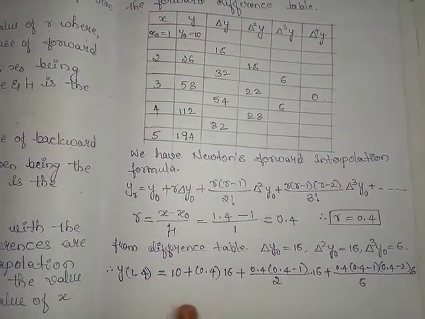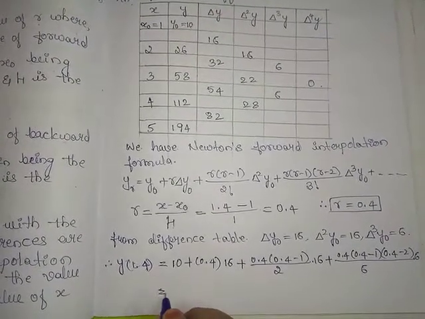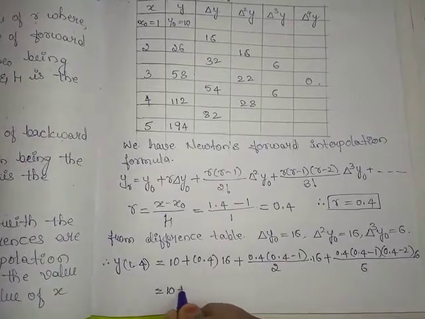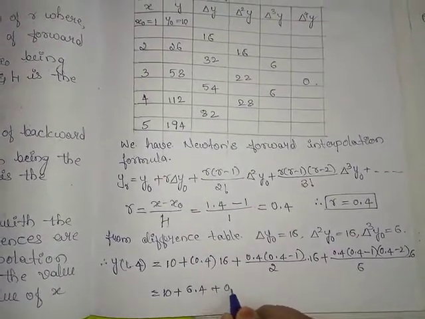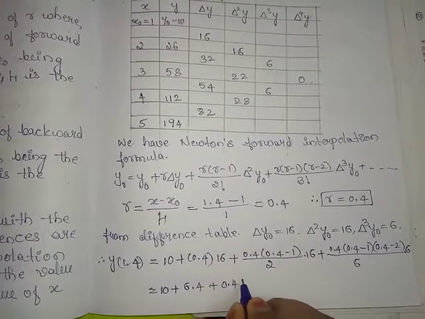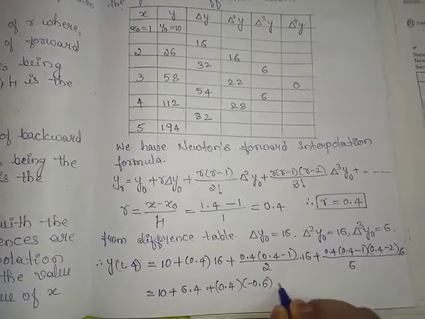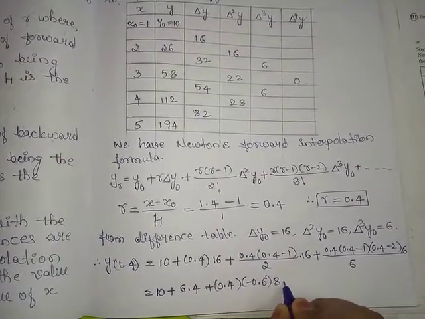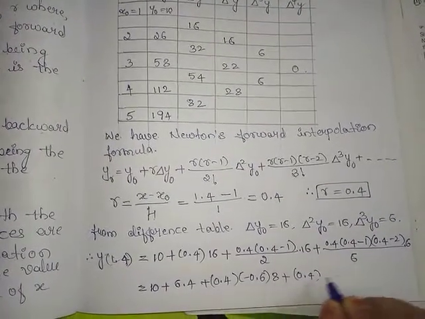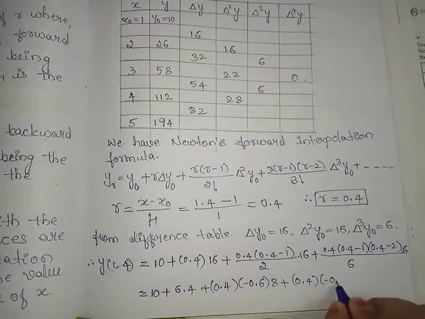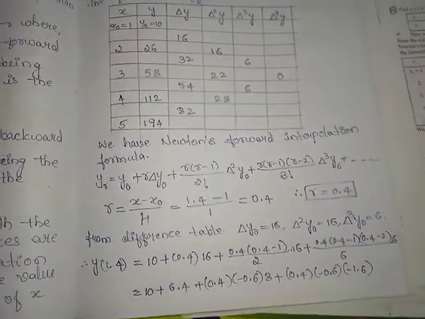Now calculate all these values. You will get 10 plus 0.4 into 16 is 6.4, plus 0.4 into minus 0.6 into 8, plus 0.4 into minus 0.6 into minus 1.6.